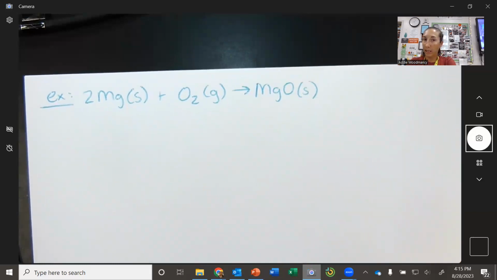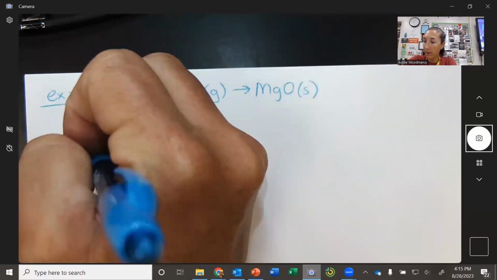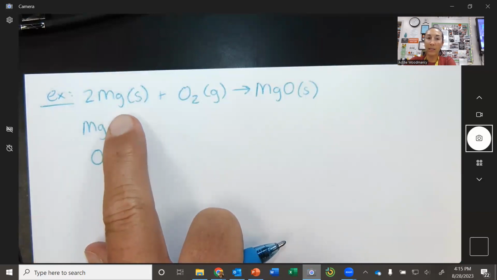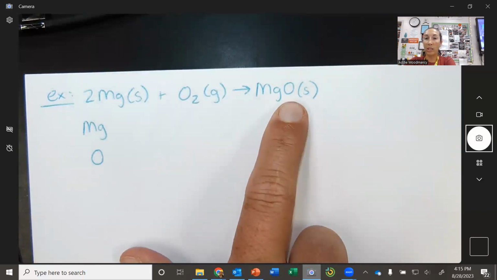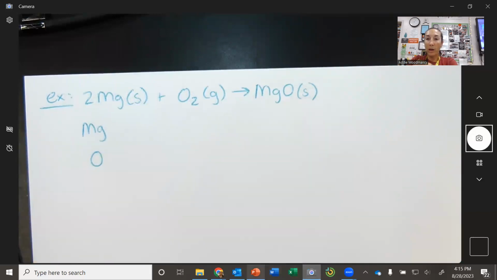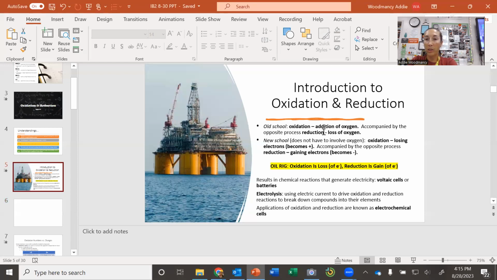And what we see on the reactant side is we have two reactants. We have magnesium and we have oxygen. So if you look at magnesium on the left-hand side, it does not have an oxygen attached to it. But if you look on the right-hand side, it has now gained an oxygen. So if we go back to our old school definitions of oxidation and reduction, oxidation means we've added oxygen.